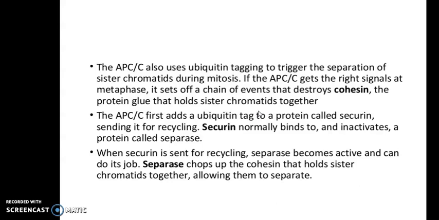The APC first adds a ubiquitin tag to a protein called securin, sending it for recycling. Securin normally binds to and inactivates a protein called separase. When securin is sent for recycling, separase becomes active and can do its job. Separase chops off the cohesin that holds sister chromatids together, allowing them to separate.